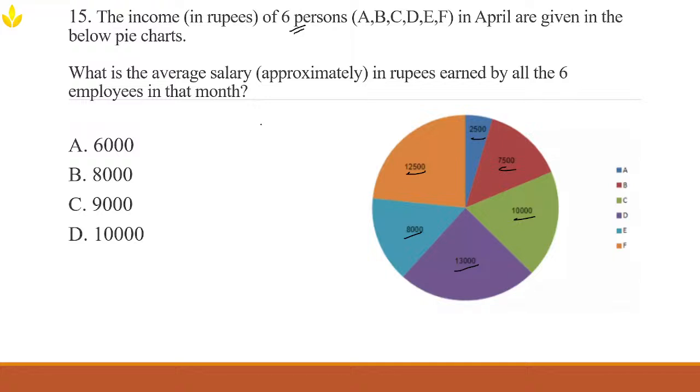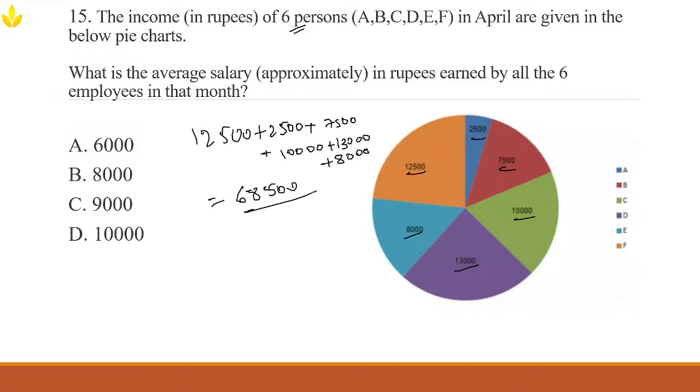12,500 plus 2,500 plus 7,500 plus 10,000 plus 13,000 plus 8,000. So in total, 12,500 plus, sorry, 2,500 plus 7,500 plus 10,000 plus 13,000 plus 8,000 gives you 68,500.